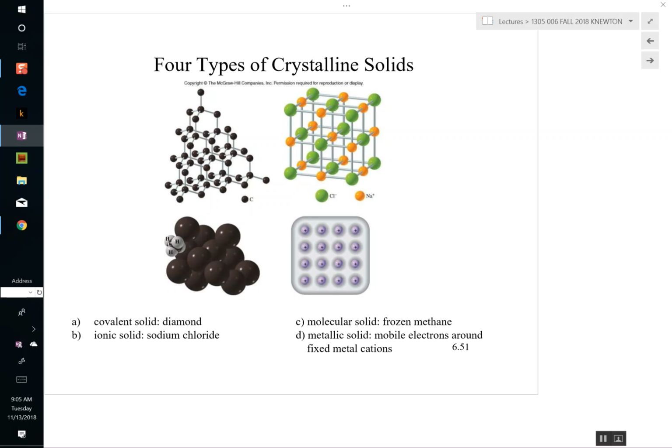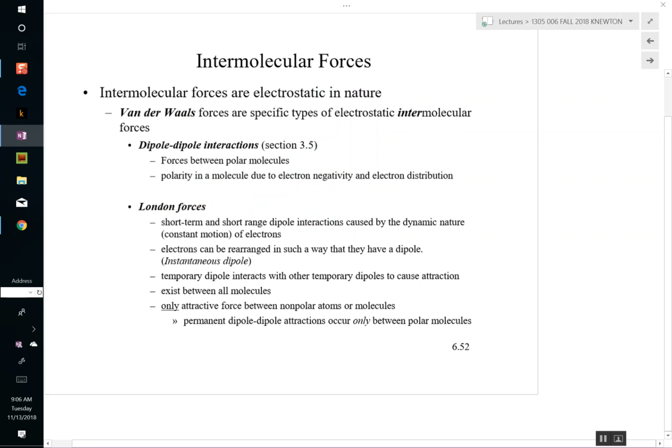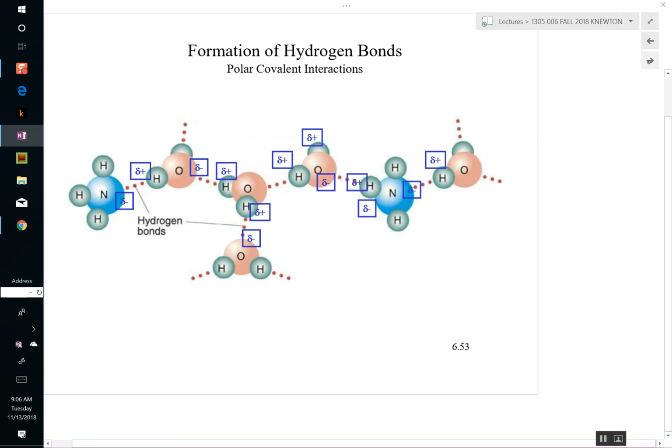You have aluminum nuclei, the nuclei of aluminum atoms in a certain array, and you have a sea of electrons around them. This is why metallic solids conduct electricity. You put a potential on either side of this aluminum here, and the electrons will move in that direction like water moves in a pipe. All right, that's enough of that.